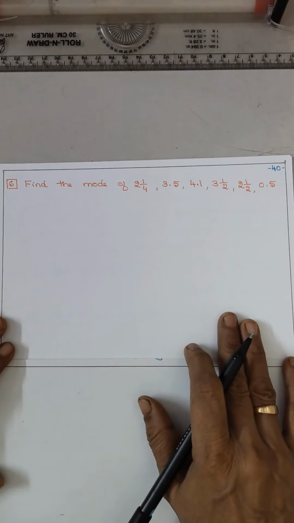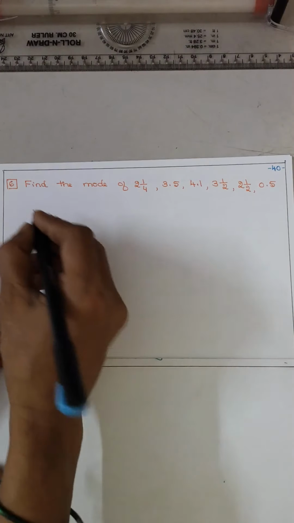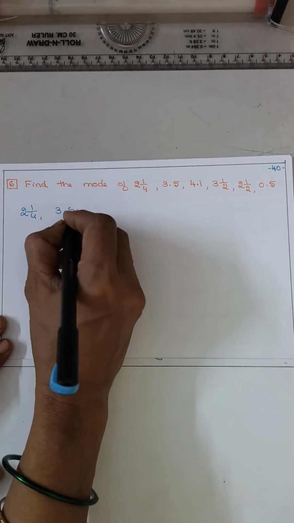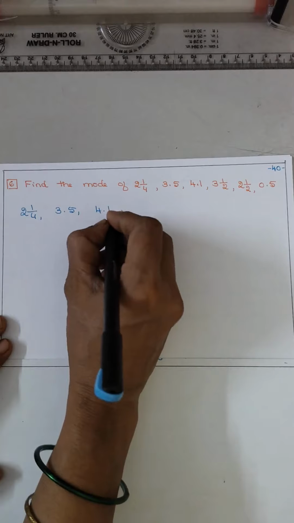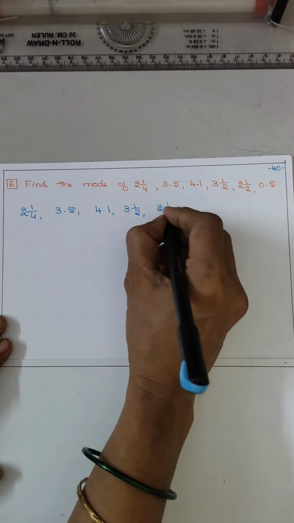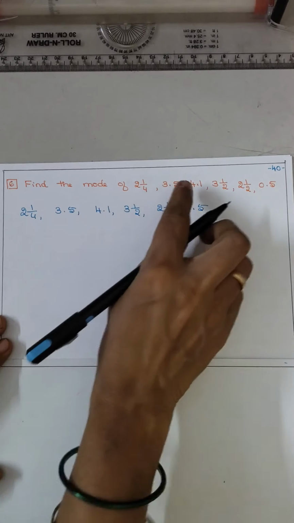So for mode, convert everything into the decimal. So you can write 2 1 by 4, 3.5, 4.1, 3.5, 2.5 and 0.5.